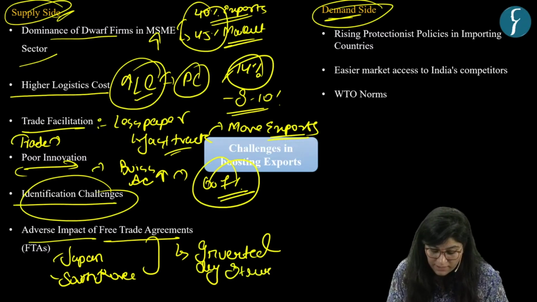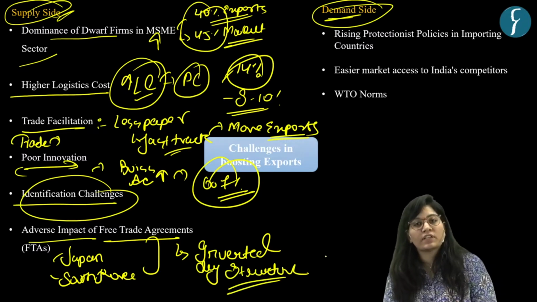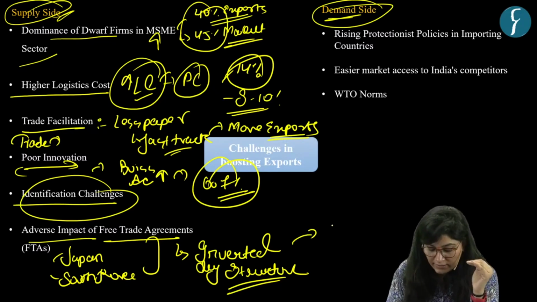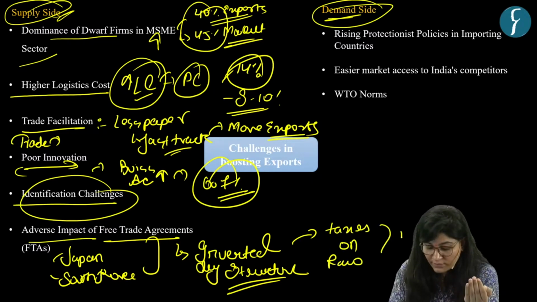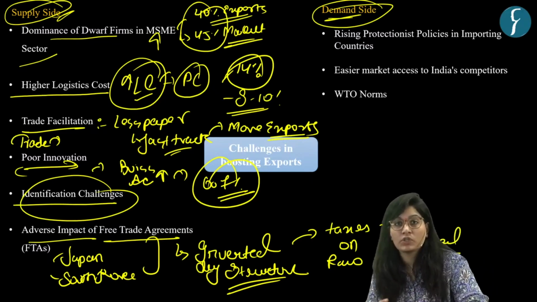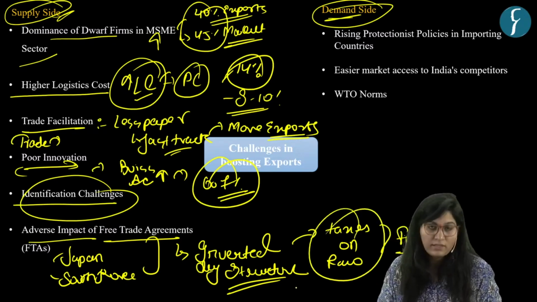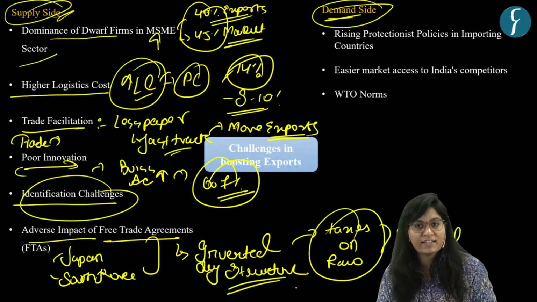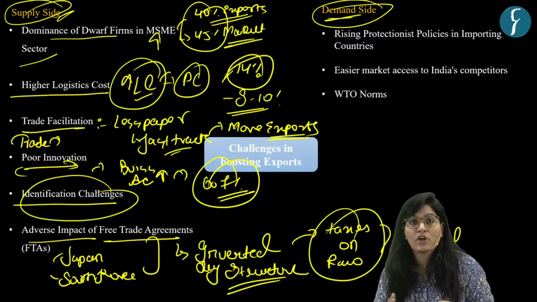Now, what do you mean by this? Basically, an inverted duty structure is when there's a high tax on raw material in comparison to finished goods. Now, what does it mean? That finished goods are cheaper if you compare with raw material. So, definitely demand for finished goods will be more than raw material.